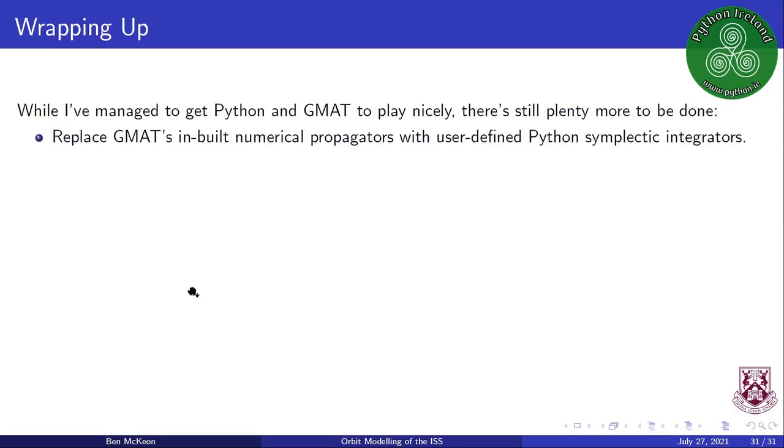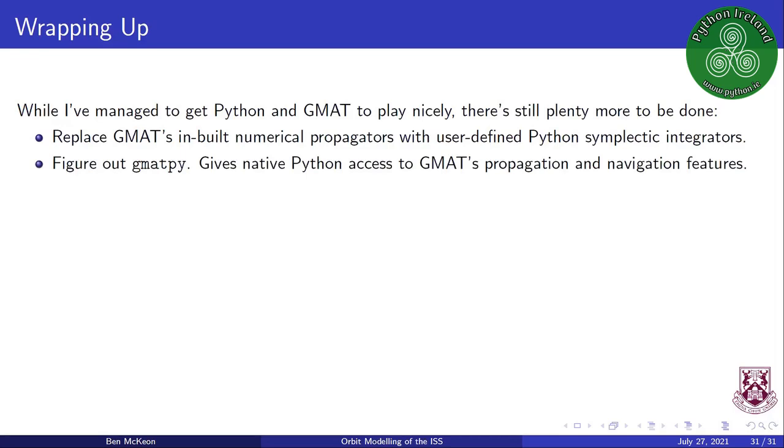There's replacing GMAT's inbuilt numerical propagators. They have a ton of those, but none of them are symplectic. So I'm wondering, could we take advantage of symplectic integrators and build them into GMAT to end up with more accurate results? GMAT also has a Python library called GMAT-Py, which gives Python access to GMAT's propagation and navigation features.